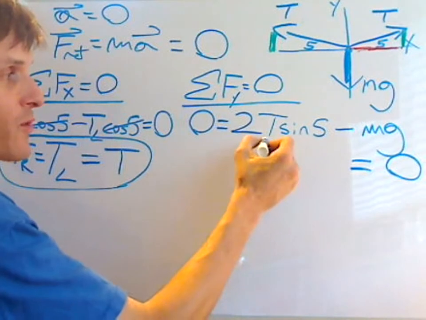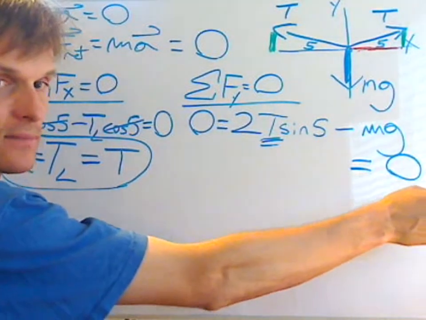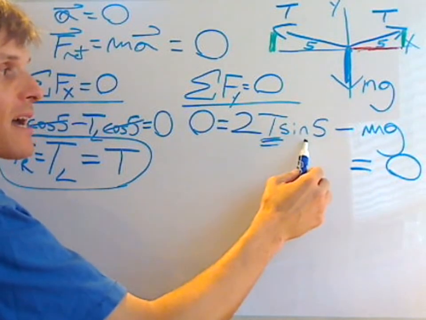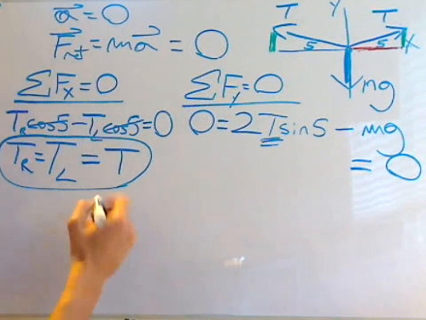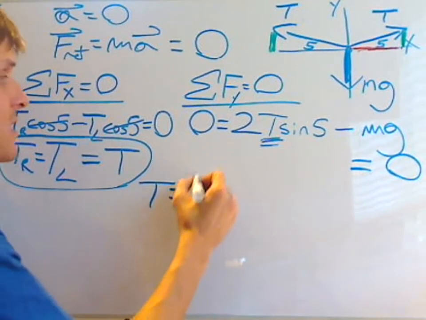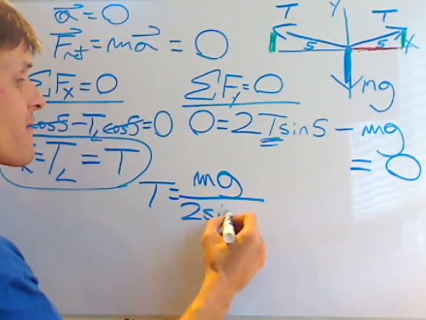Remember, we're trying to solve for the tension. That's the question here. So let's add mg to both sides, divide by 2, divide by sine 5, and what you get is that the tension is mg over 2 sine of 5.